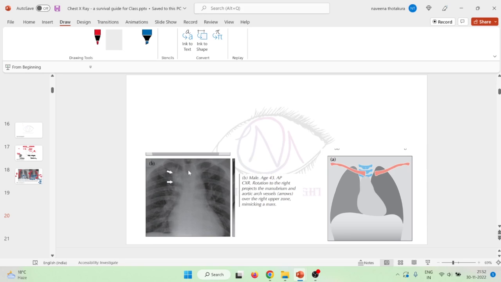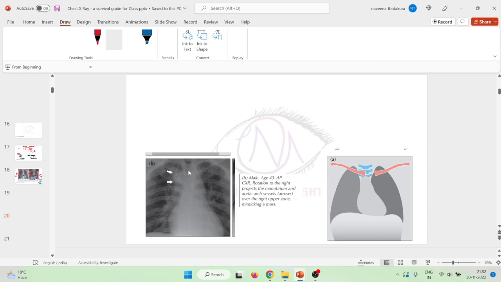So this beam which is released from the X-ray, that is the X-ray beam, should be perpendicular to the patient. But if it is a bedside radiograph, the distance between this X-ray machine and the patient is very less. So obviously the beam which falls, it falls at an angle. See, this is falling at an angle rather than being perpendicular.